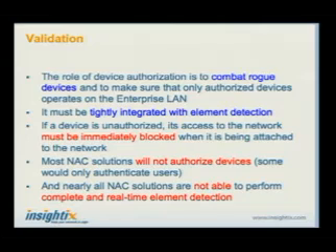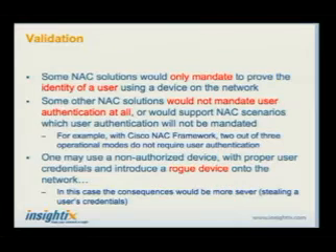This, as I said, needs to be integrated with element detection. An element that is on the network must be immediately blocked or given restricted access. But the problem is that most NAC solutions do not authorize devices. If you want names, you can look at them, but basically nearly all of them do not do this. Some of the solutions only mandate user authentication; they will not actually look at device authorization.